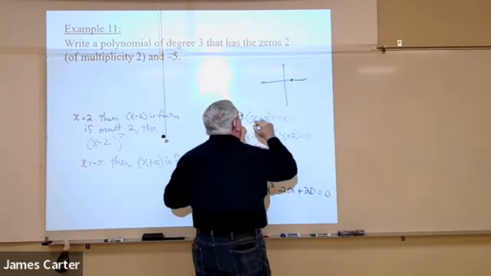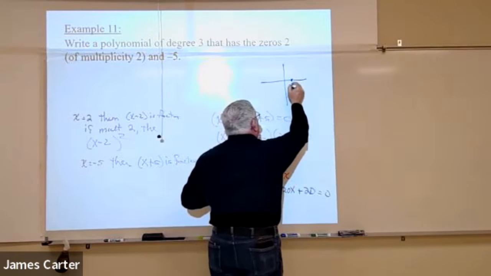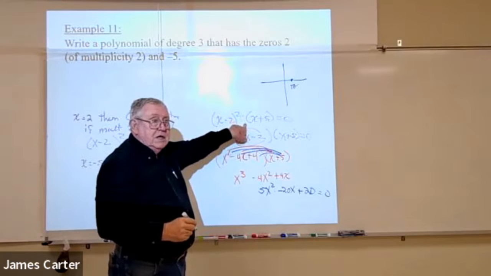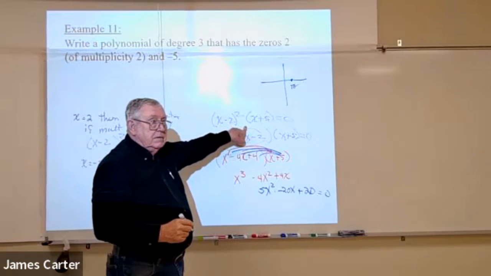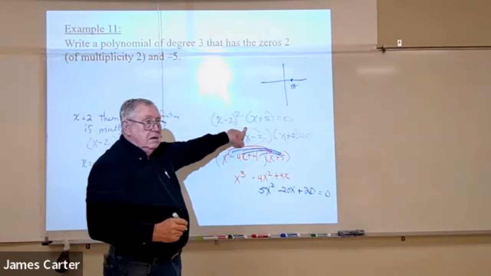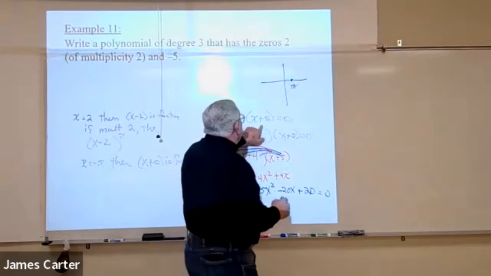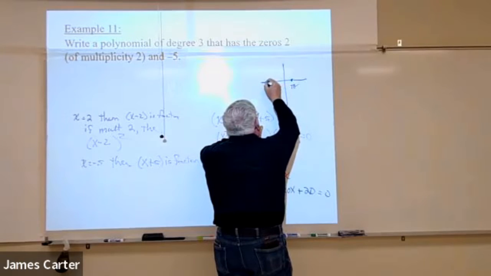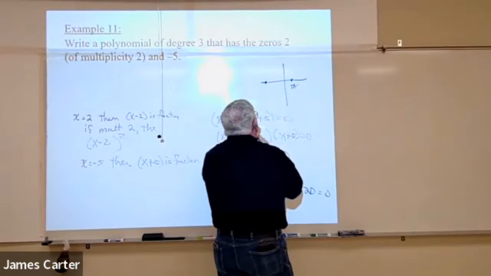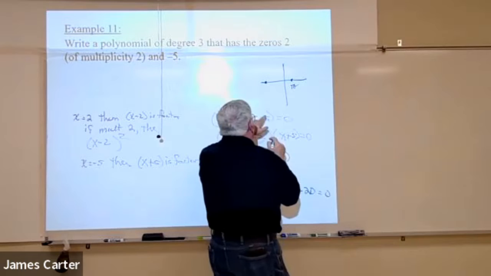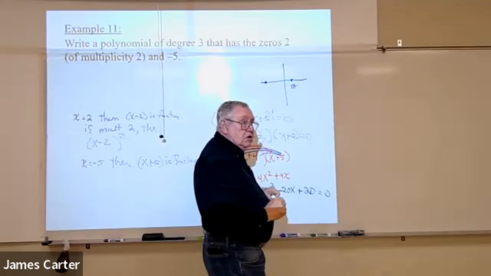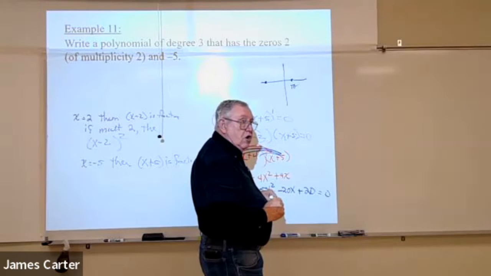And we know that it is a touch and go because of the even multiplicity. This one gives me a zero of -5, and it is an odd multiplicity, so it's going to be a crossing.